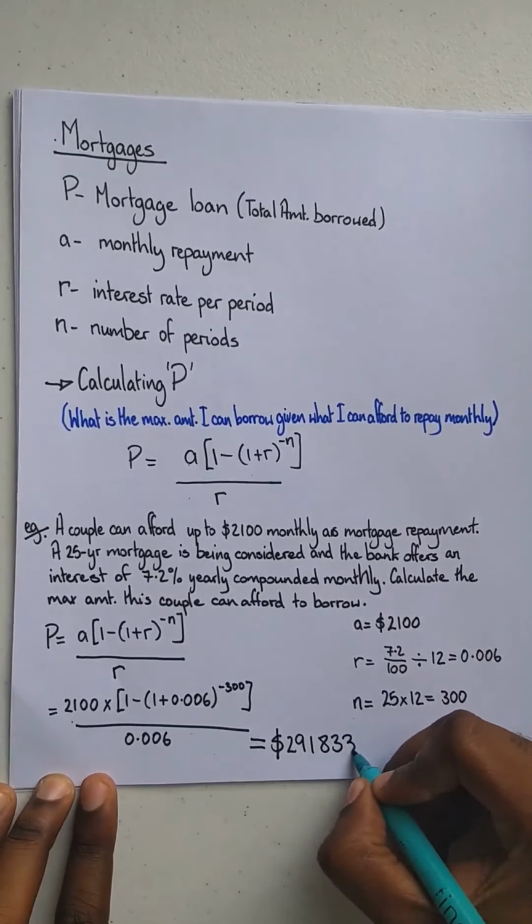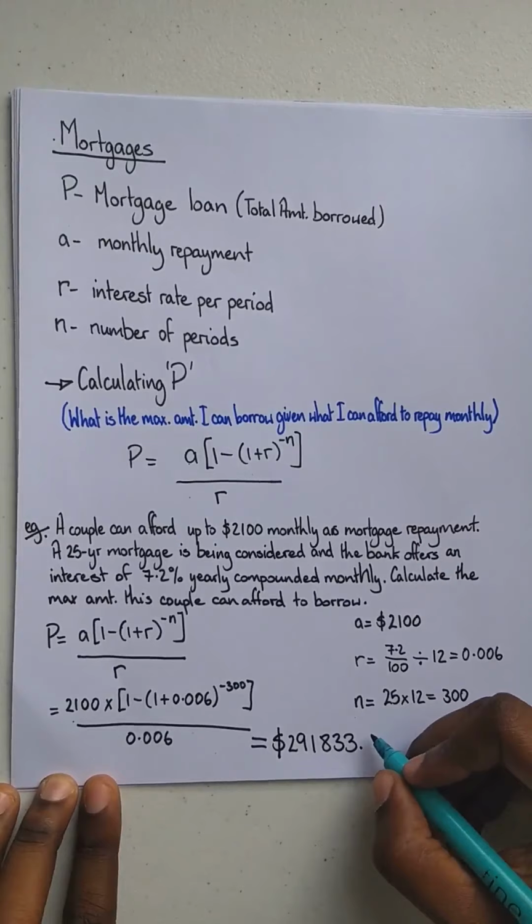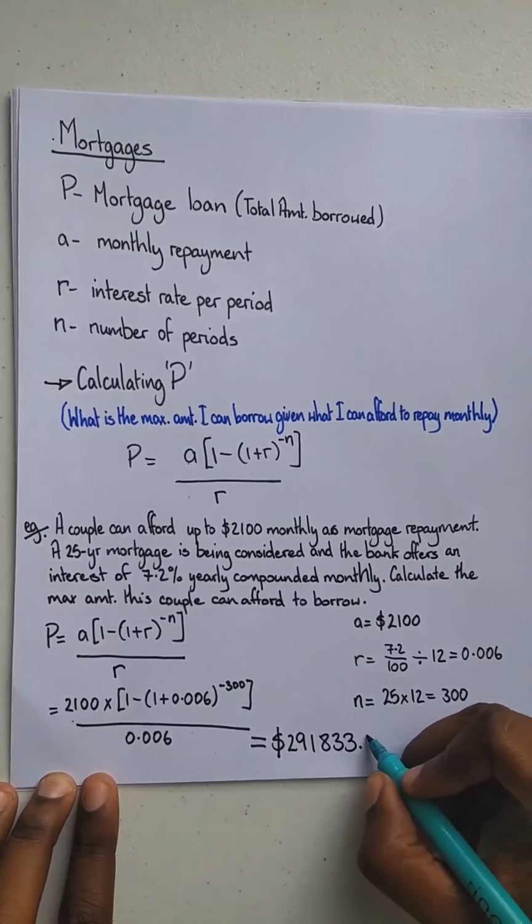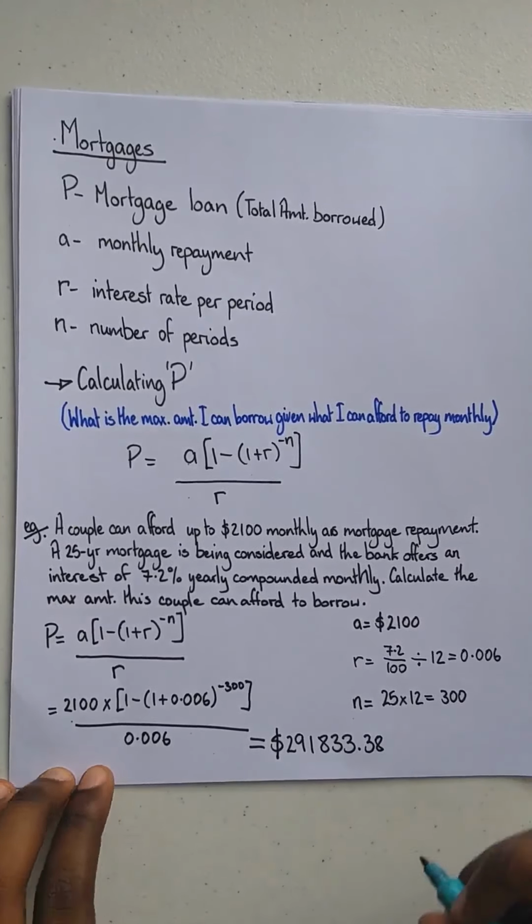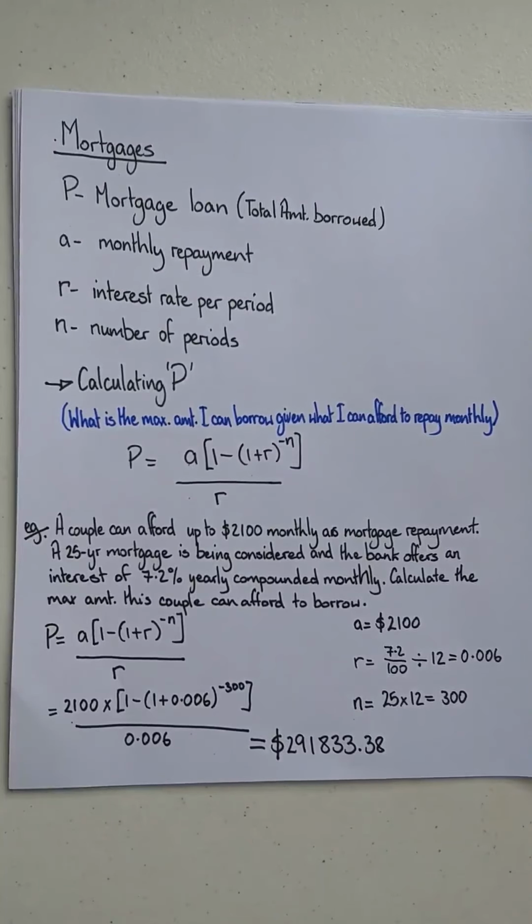Which gives us $291,833.38 as the maximum amount that the couple can afford to borrow, provided that they are sticking to these terms of a 25-year mortgage at 7.2% yearly compounded monthly and paying $2,100 per month.